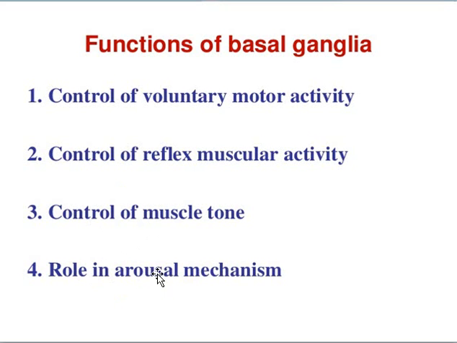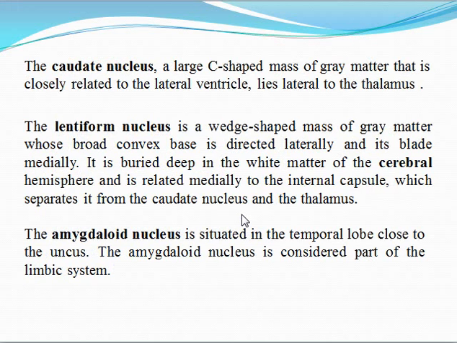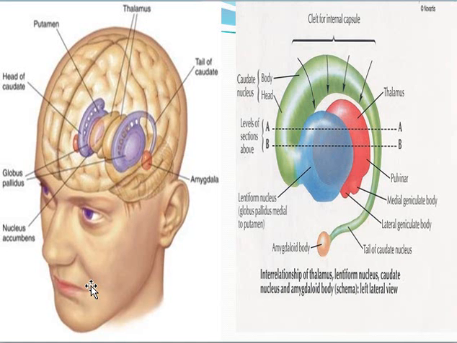Most commonly this function is related to the amygdaloid nucleus, and the other three functions are related to the caudate and lentiform nucleus. Now the caudate nucleus is a large C-shaped mass of gray matter. The lentiform is a wedge-shaped mass of gray matter, and the amygdaloid is situated in the temporal lobe close to the uncus. The amygdaloid is considered part of the limbic system.